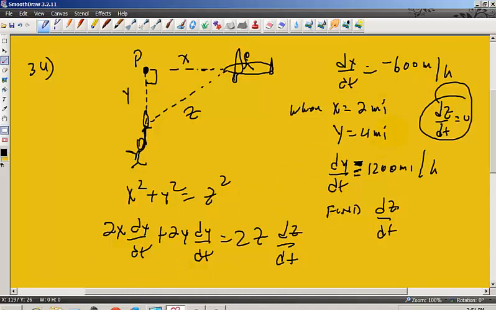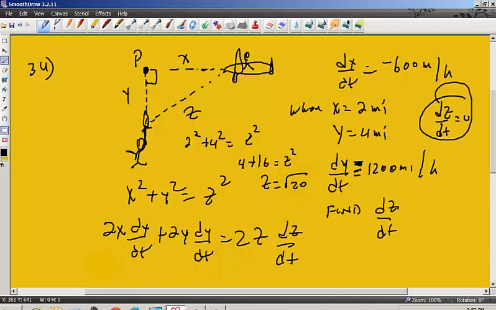So how do I find my z? Pythagorean Theorem. So 2 squared plus 4 squared is equal to z squared. So that's 4 plus 16, which is equal to z squared. So z is equal to rad 20.